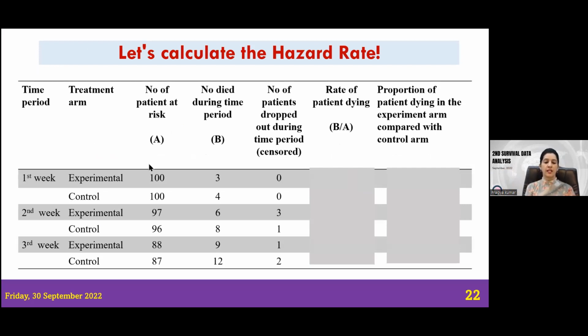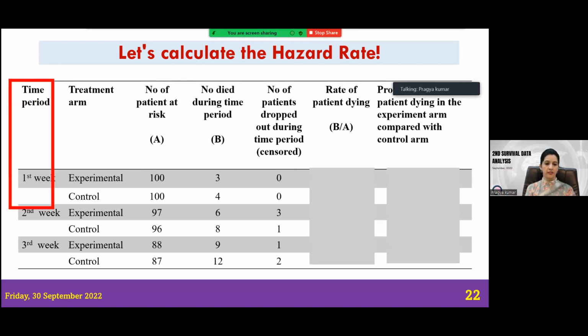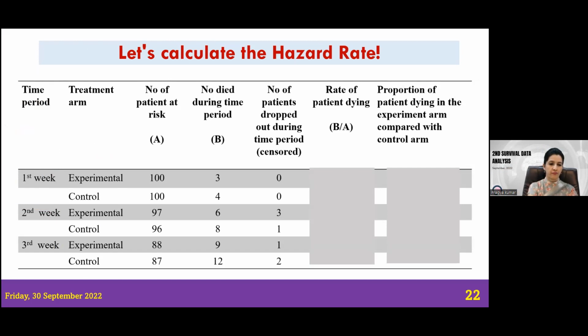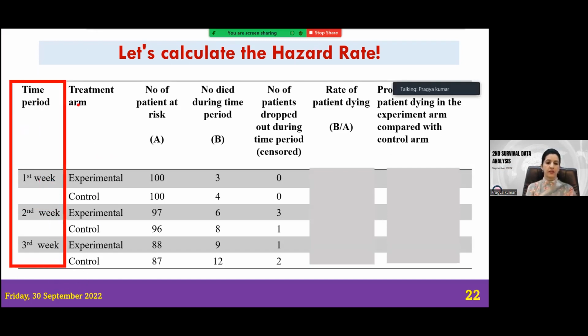So I have started with the first week, this first column. If I explain this table, this first column is for the time period: the first week, second week, and third week. This second column is for the treatment arm.